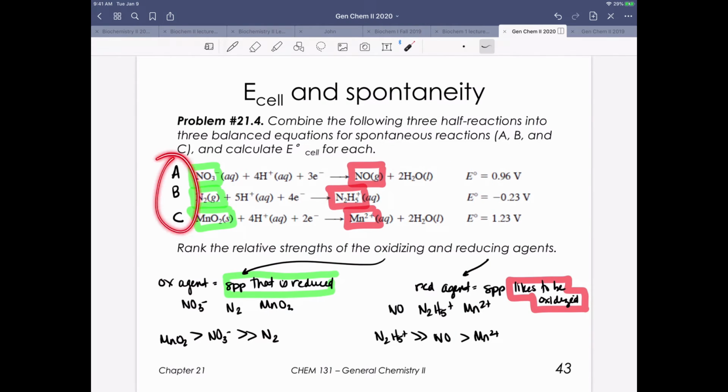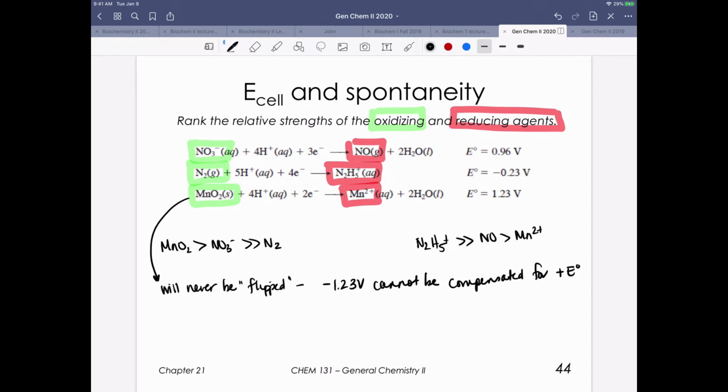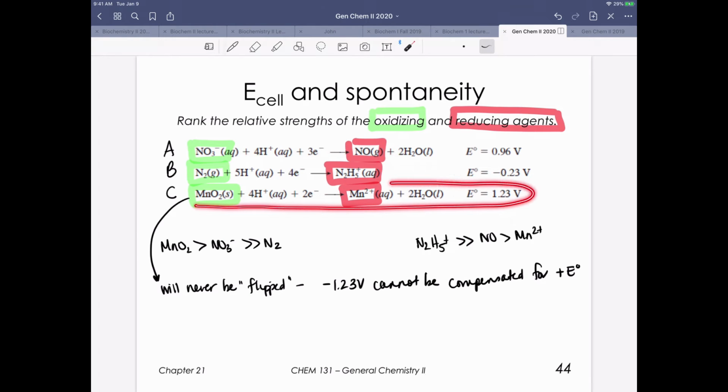So again, if we want to think about putting these reactions together, I'm going to label them A, B, and C here. We've got A, B, and C that we have here. If we're thinking about making spontaneous reactions, hopefully it makes sense that we're never going to have a situation where this guy becomes a flipped reaction.